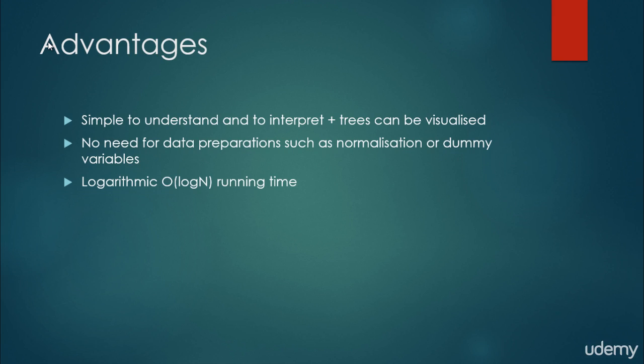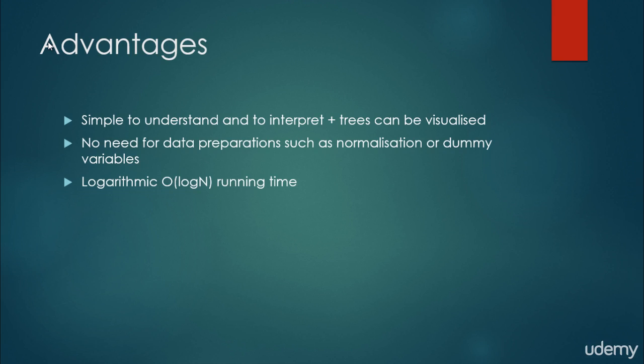So let's talk about the advantages. It is very simple to understand and to interpret what decision trees are about, and tree-like structures can be visualized. There is no need for data preparation such as normalization or dummy variables.